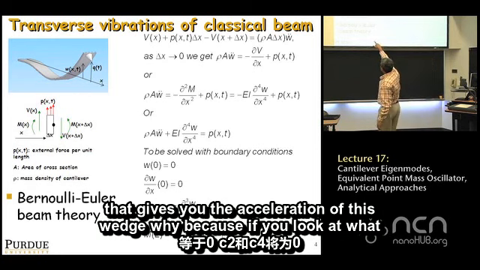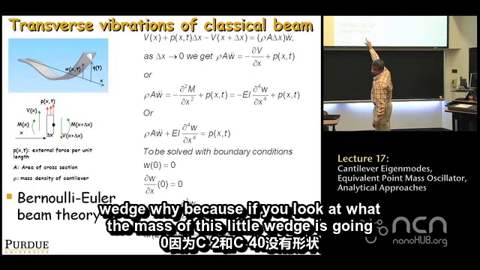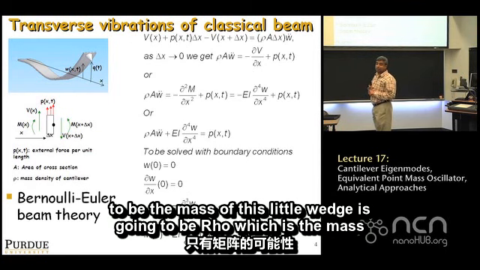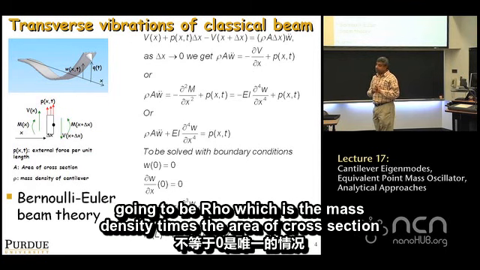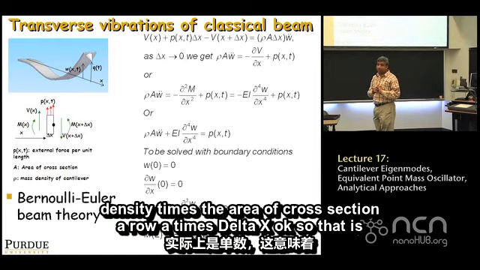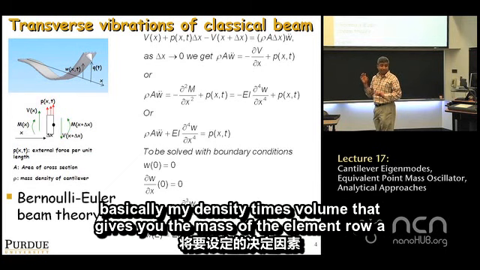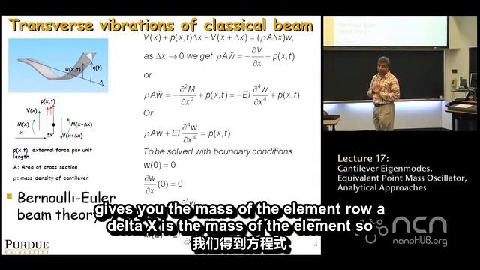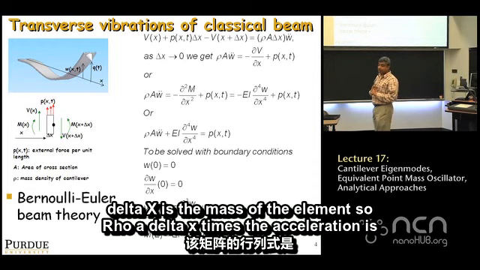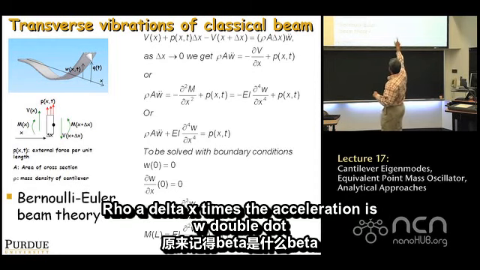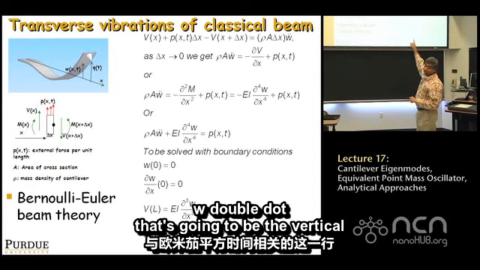Because the mass of this little wedge is going to be rho, the mass density, times the area of cross-section A, times delta x, okay? So that is basically density times volume. That gives you the mass of the element. Rho A delta x is the mass of the element. So rho A delta x times the acceleration, which is w double dot, the vertical acceleration.